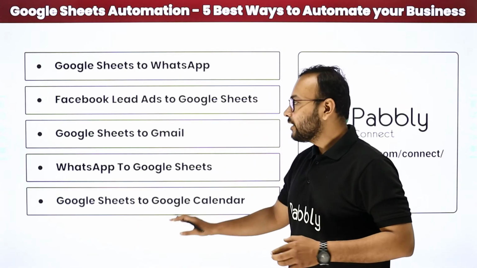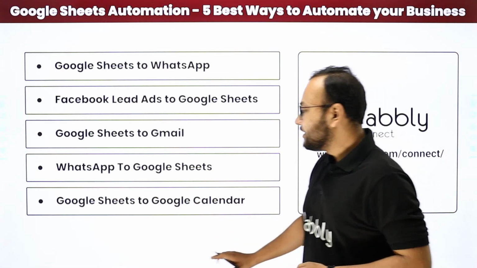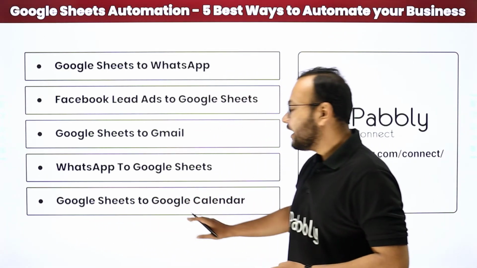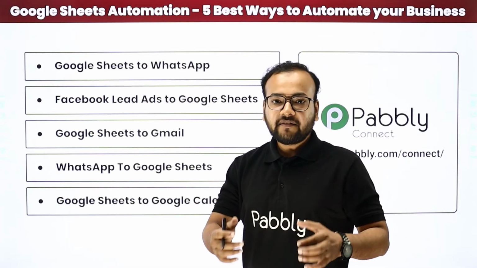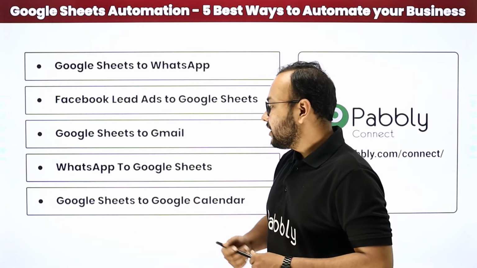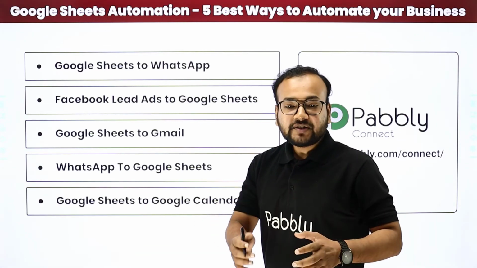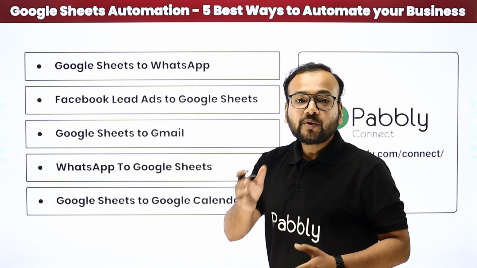So last but not the least, the fifth automation is this, Google Sheets to Google Calendar. So both of these tools are from Google, and here we have connected them both in such a way that you can directly create events in your Google Calendar from your Google Sheets.